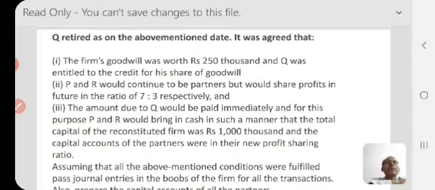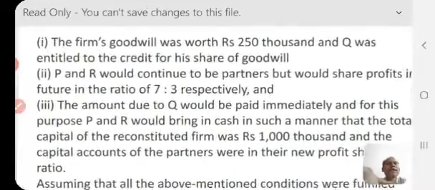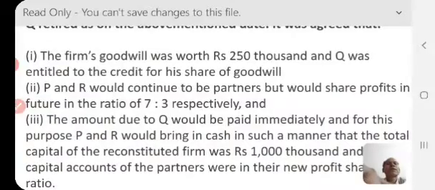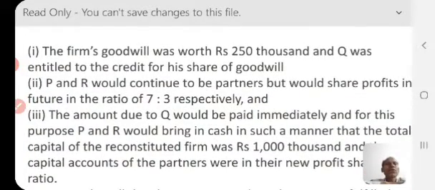Q retired. As on the above mentioned date, it was agreed that the firm's goodwill was worth rupees 250,000 and Q was entitled to credit for a share of goodwill. Total goodwill is 250,000.